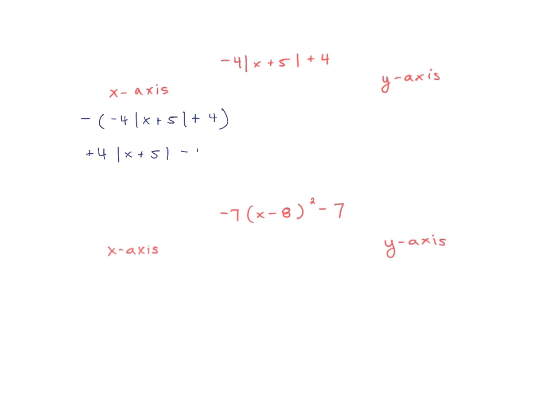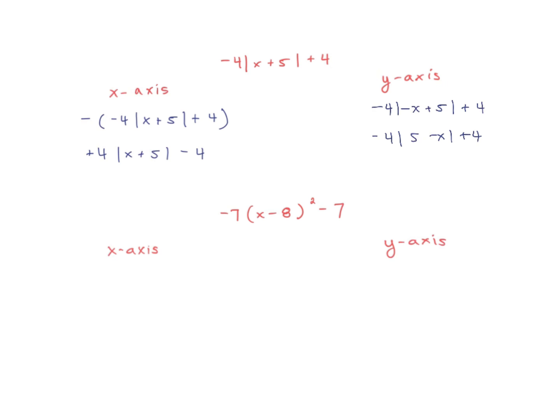You could keep this the same, minus 4. Now when you have the negative on the inside for the y-axis, you're changing this to a negative x plus 5 plus 4. A lot of what you may see is a 5 minus x plus 4.